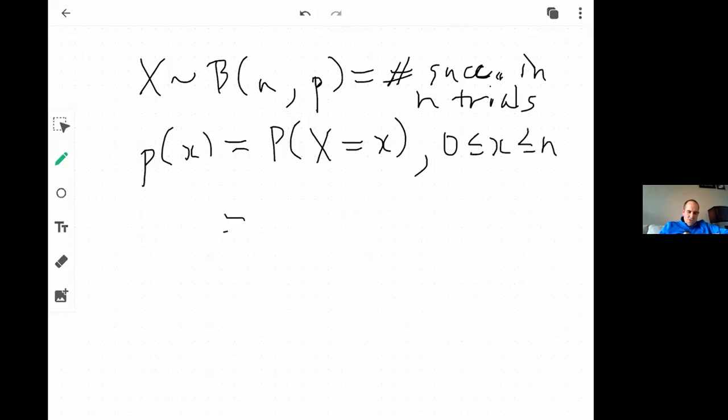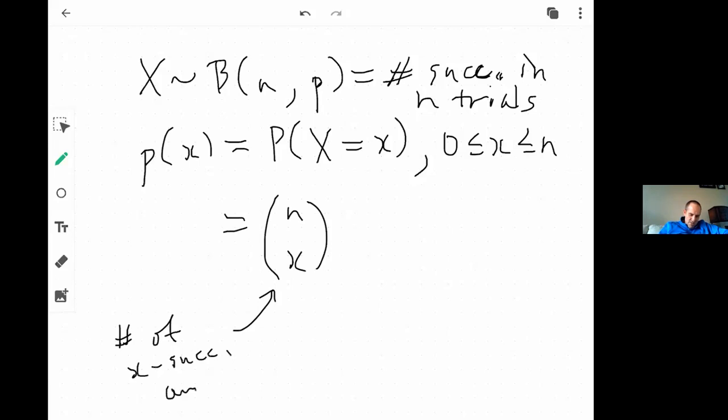This computation is going to be almost the same as that other one. First of all, I need to figure out the number of x-success and n minus x failure sequences. That's just n choose x.